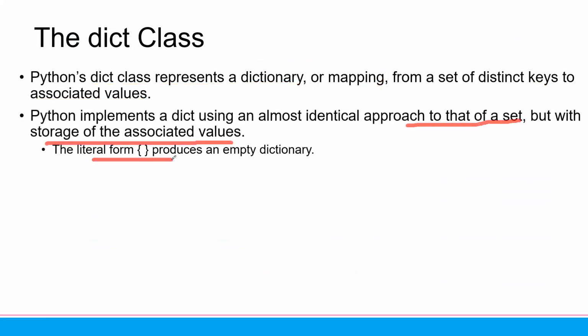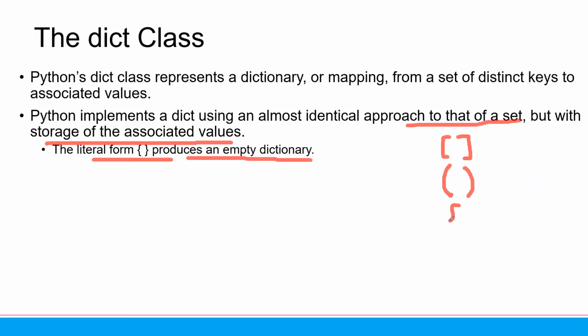So the literal form is using the curly braces to produce an empty dictionary. If you use square brackets, you will have an empty list. If you use parentheses like this, you will have an empty tuple.